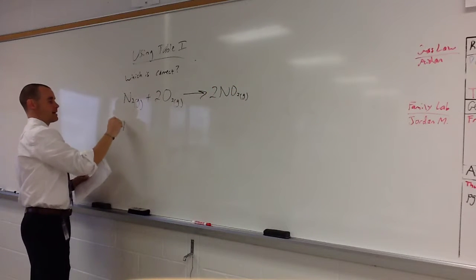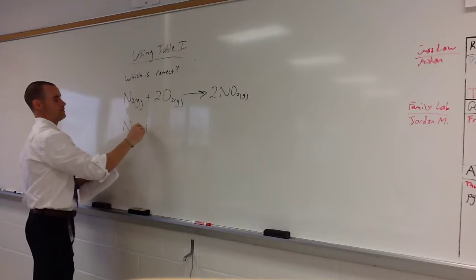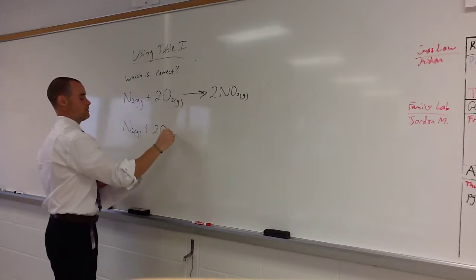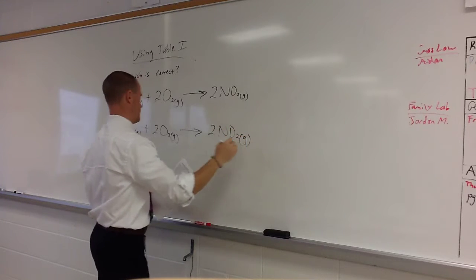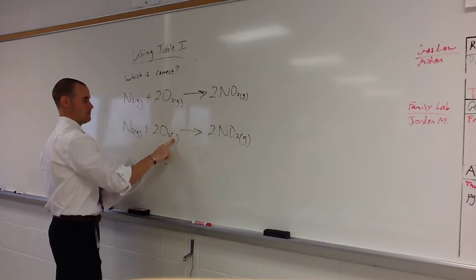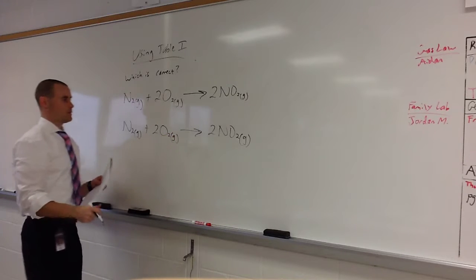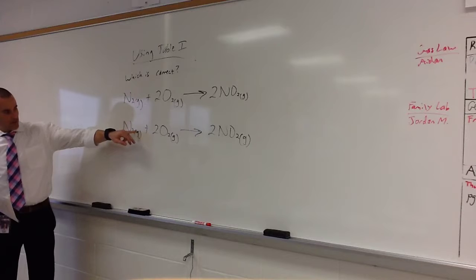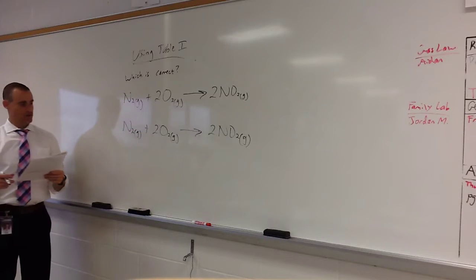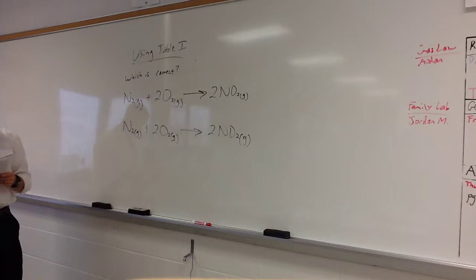And then I'm going to write the exact same reaction underneath it. Sometimes my G's start looking weird because I don't really make the loop there, so hopefully you get used to that. Those are all gases.